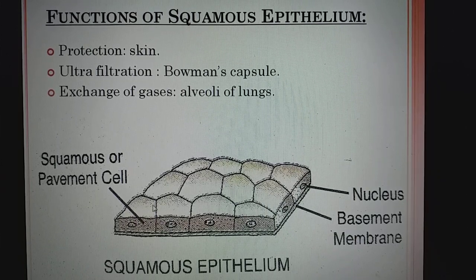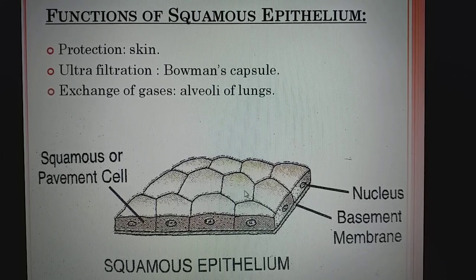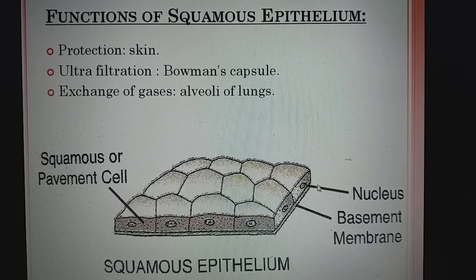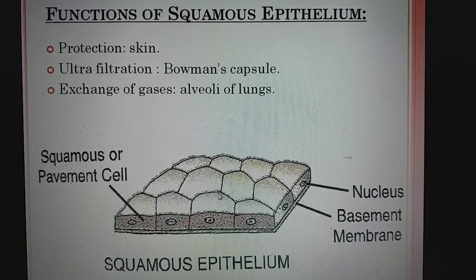Now through this diagram you will understand it better. We see here the squamous epithelium. You see how the flat cells are packed together like the tiles in the floor, so they do not have any intercellular spaces. See, this lower layer is the basement membrane over which this squamous epithelium or any other epithelium lies.